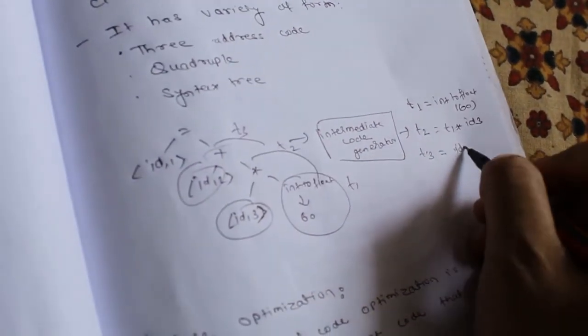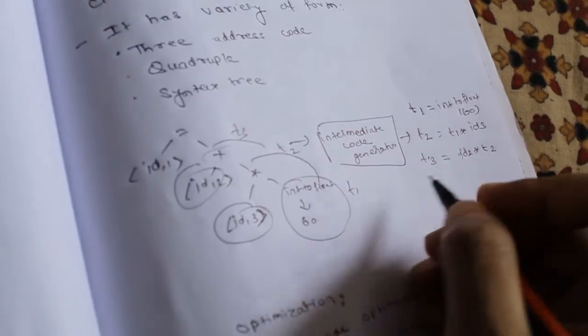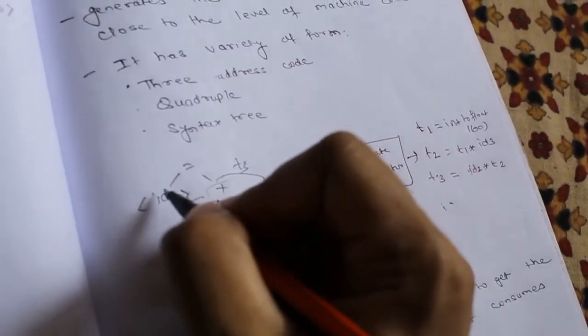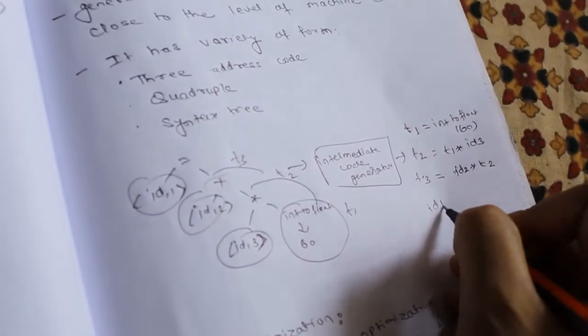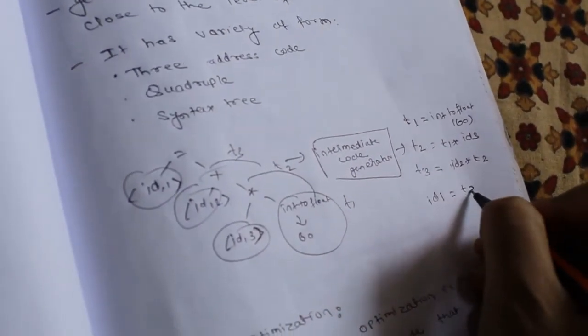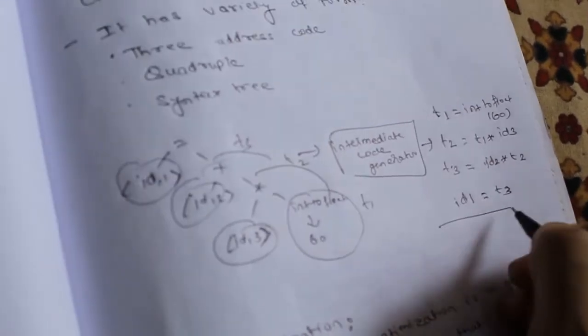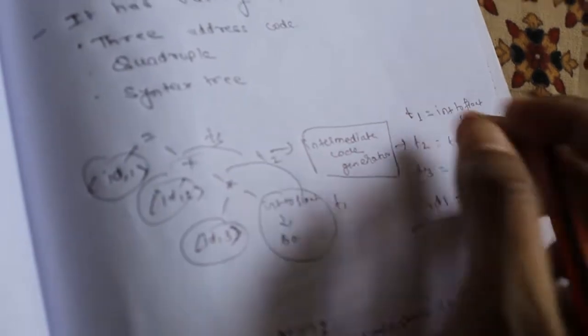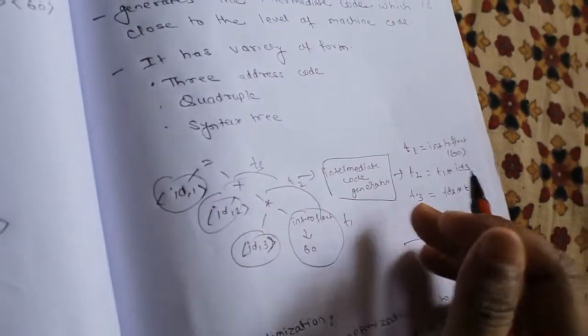So id2 into t2. So now after that we are assigning those values to the id1. So id1 equals to t3. So this is the main result. So this is the intermediate format or intermediate code for the respective tree.